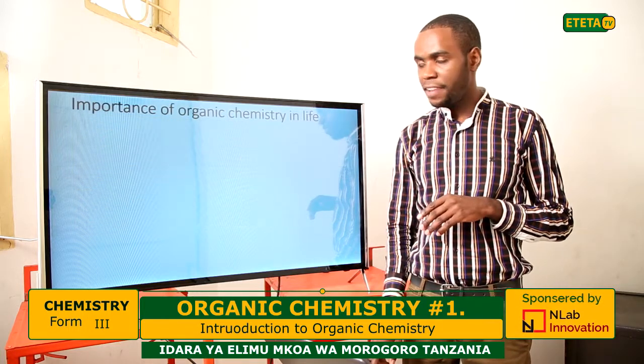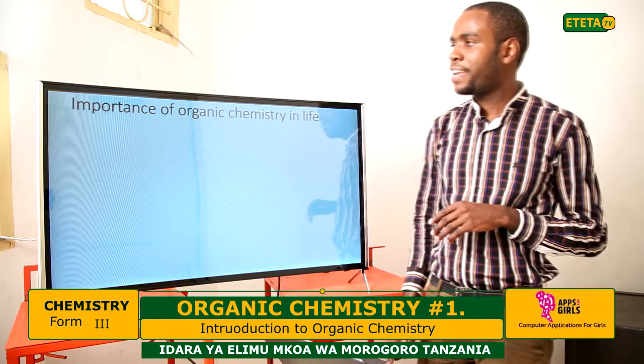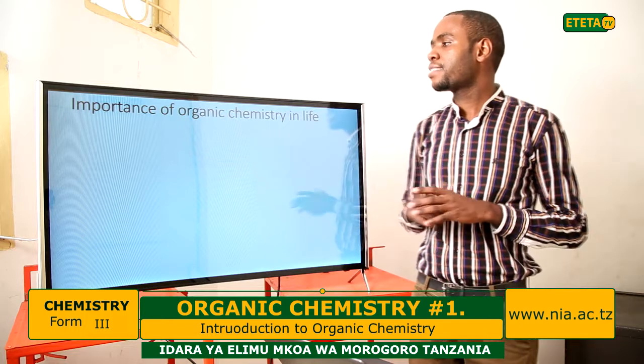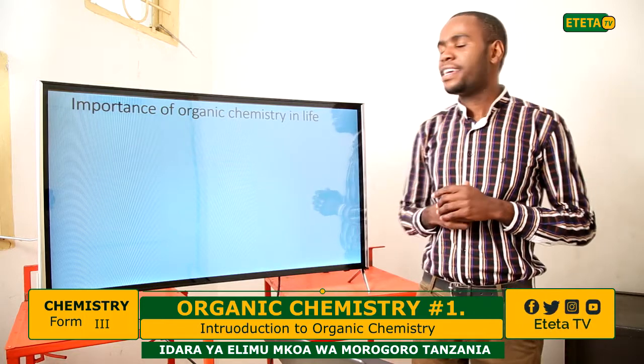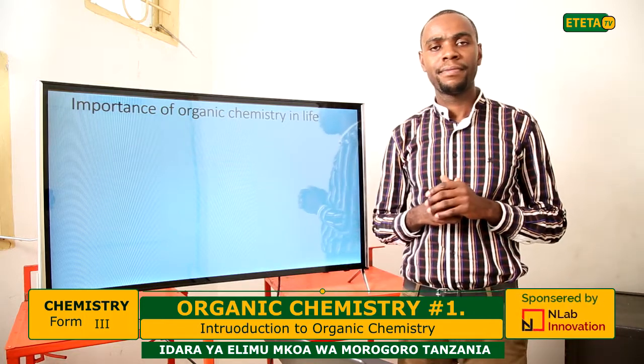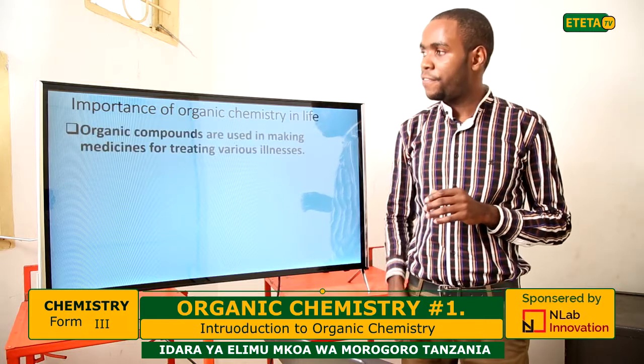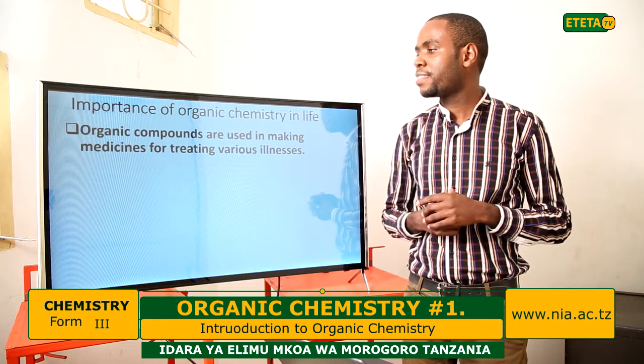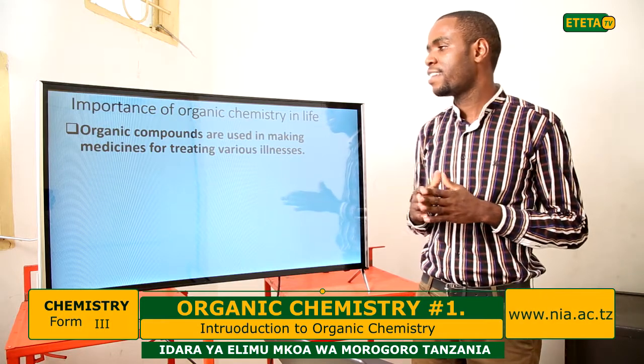Now, after discussing the difference between organic compounds and inorganic compounds, let us discuss the importance of organic chemistry in life. First, organic compounds are used in making medicines for treating various illnesses.